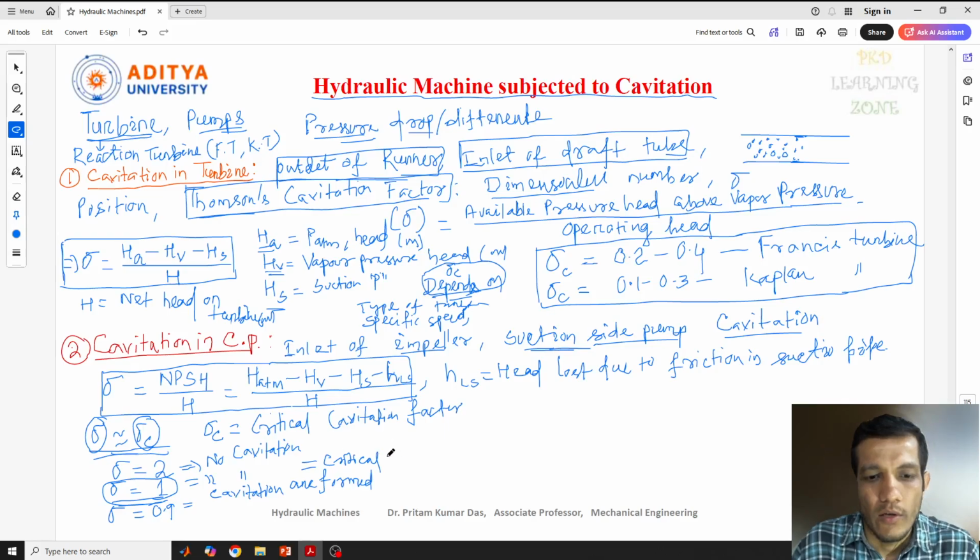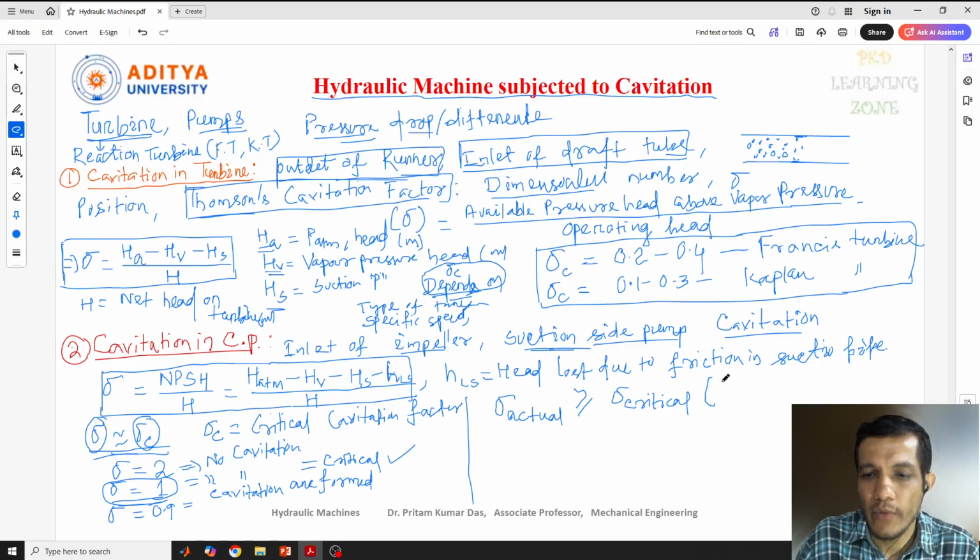So always keep in mind that this is the actual sigma, and this is sigma critical. What I want to conclude here is that we always need to keep the sigma value, the actual sigma, or only sigma you can also write, always greater than or equal to sigma critical, so that no cavitation will be formed.